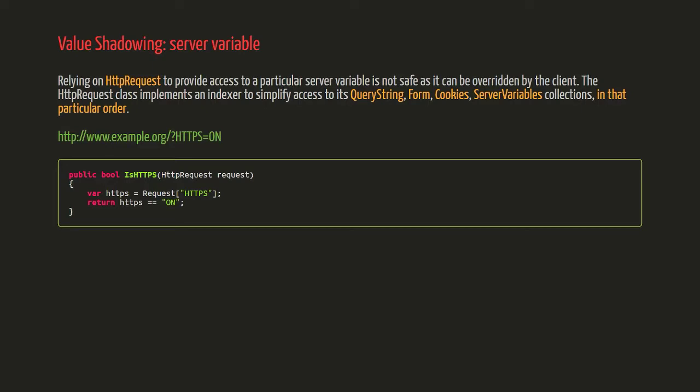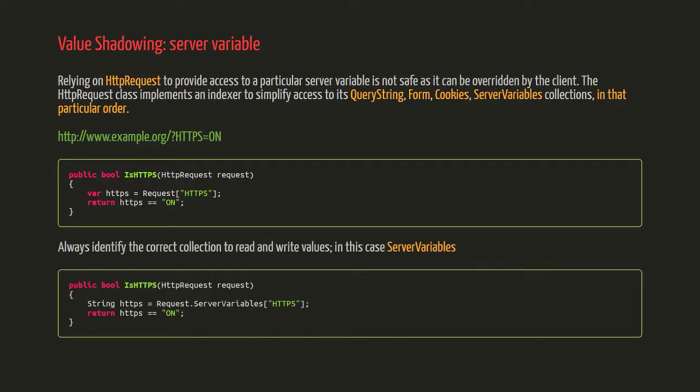But because the program uses the HTTP request indexer and the query string takes precedence, a URL like this with HTTPS equal on in query string appears to be from a secure connection, even though it is not. So always remember to identify the correct collection to read and write values. In this case, the correct one is server variables.